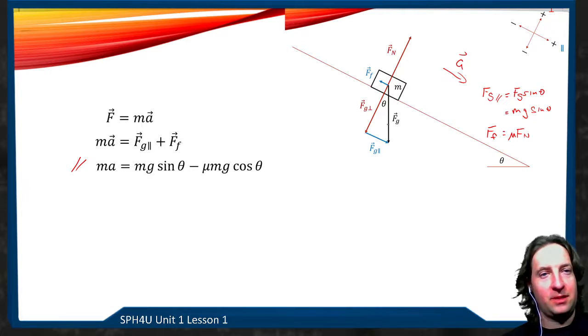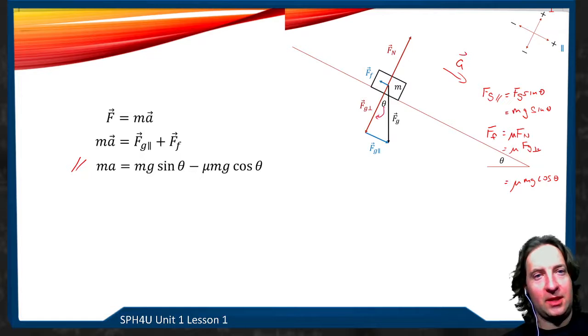And that perpendicular force, so this is going to be mu, Fn is going to be Fg perpendicular, and then Fg perpendicular is then mg cos theta, because it's the adjacent side.